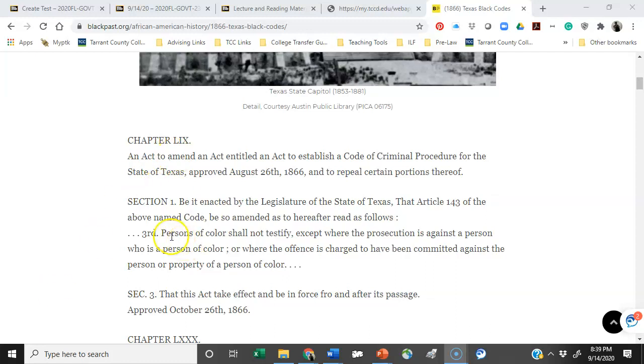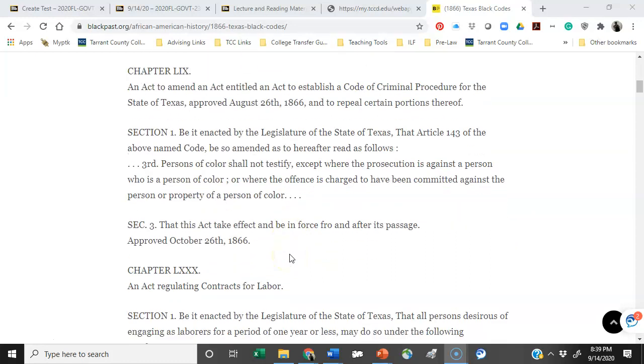And you will see here, it has provisions that say, like, a person of color cannot testify except where the prosecution is against a person of color. So you couldn't testify in court by law against someone that was white if you were a person of color.